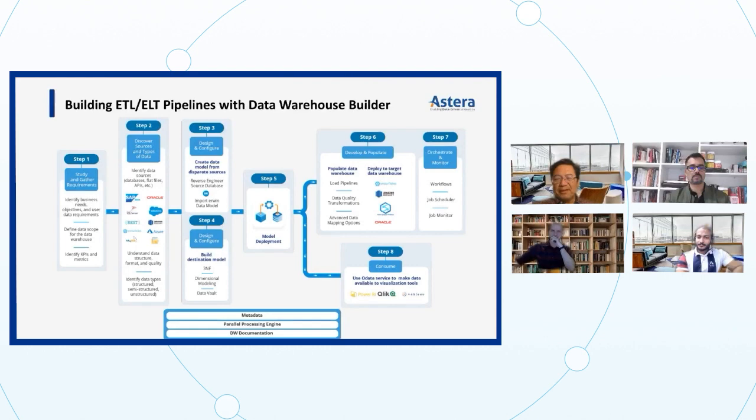Data vault consists of three types of tables. The first set is called hubs, which contain the primary key or the business key of the entity, like client or product or store or portfolios, security. And the second type is called link.